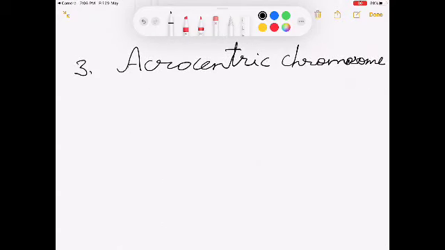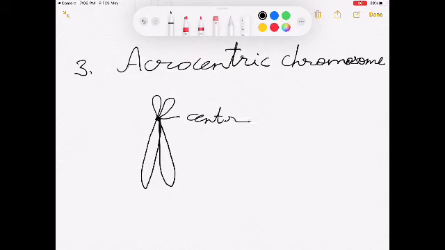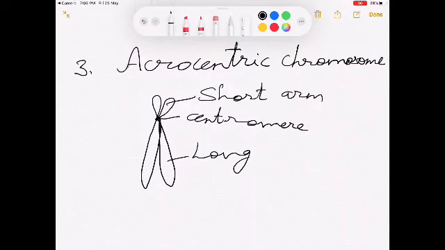So look at the diagram. This is the centromere, this is the short arm, and this is the long arm. This type of chromosome is called an acrocentric chromosome, meaning above the center. So this is an acrocentric chromosome.